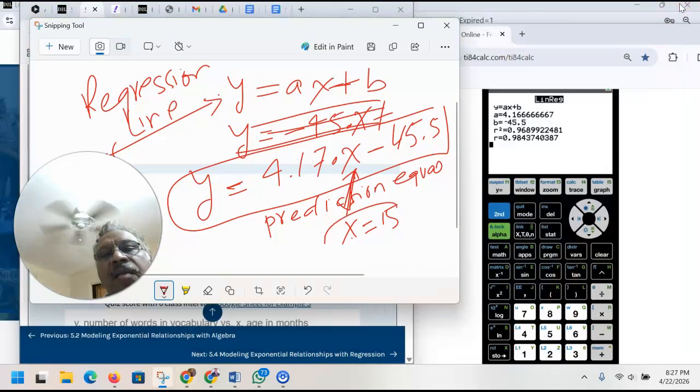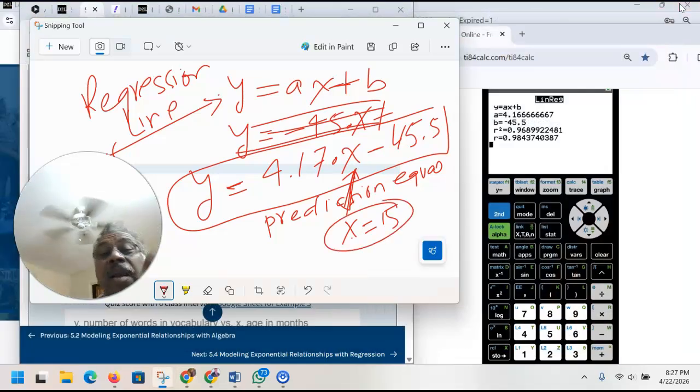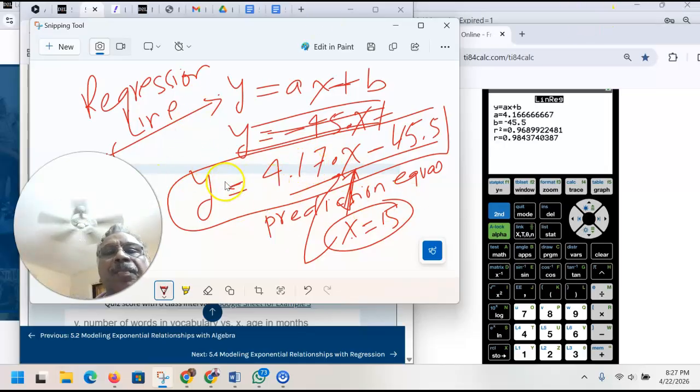If the child is 15 months of age, then we can plug it in on the calculator and find out the answer. And we will see this directly also. So this is called the prediction equation. And there is interpolation, and you also have to know two more things about this.